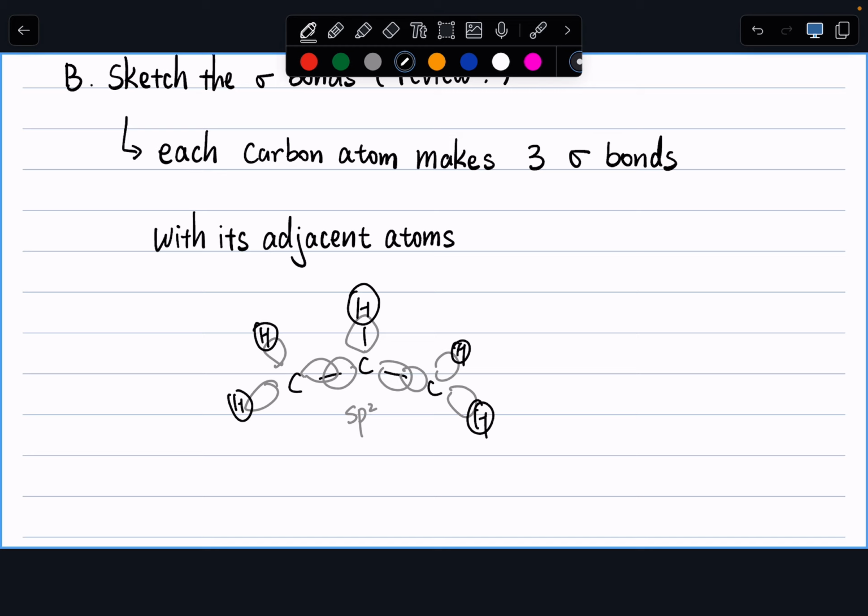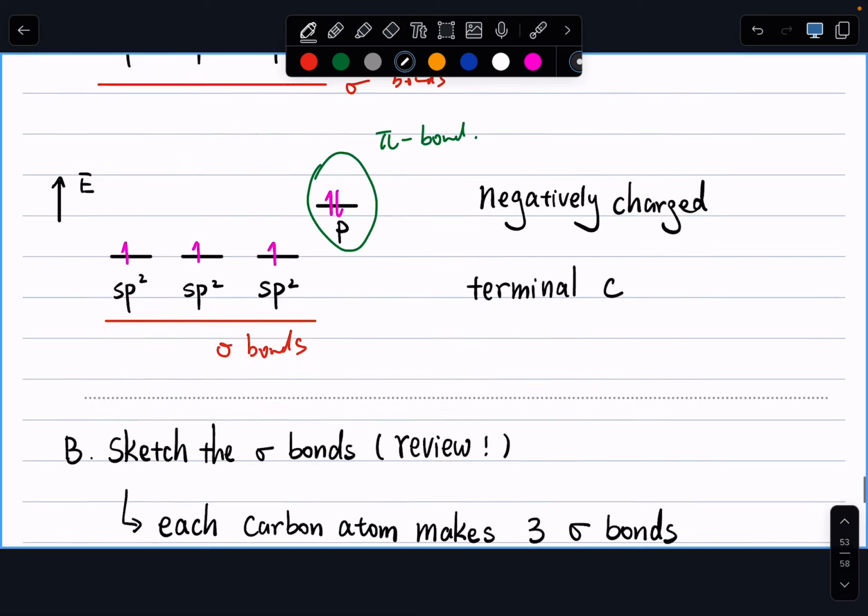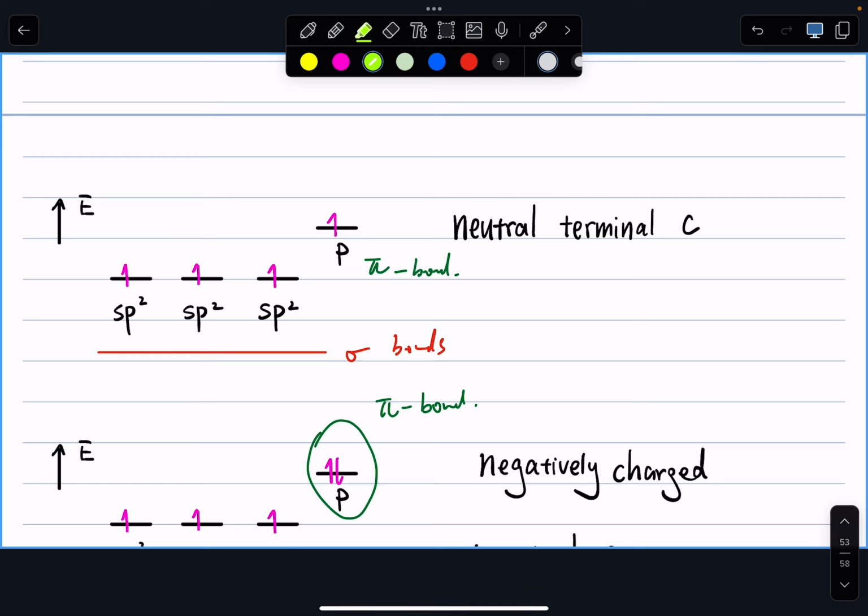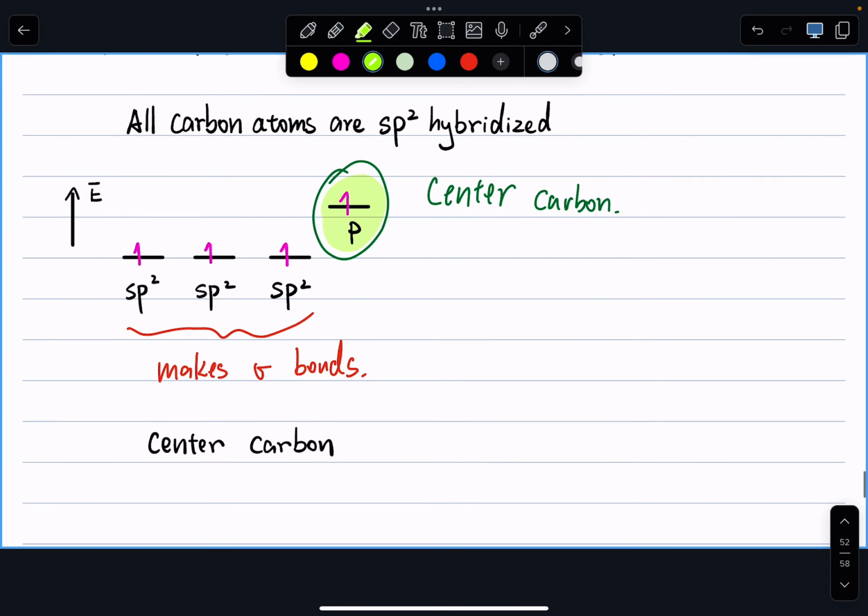And now if we think about it, what do we have left? We have 3 p atomic orbitals ready to form pi bonds with each other. Whether they are occupied with electrons or not, we're ready to make pi bonds with each other.